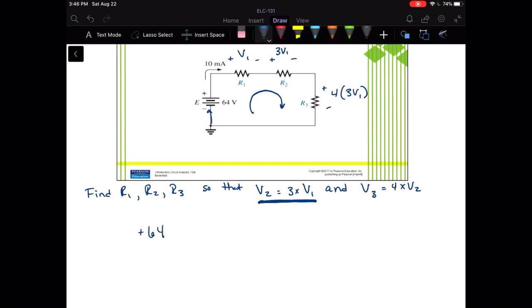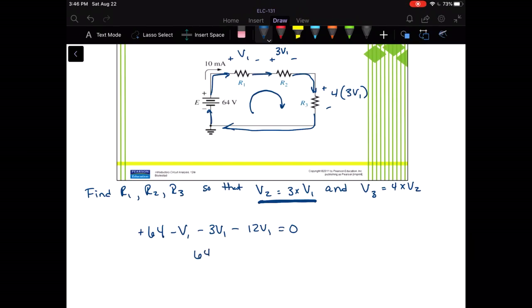Traveling around this way, minus V1, minus 3V1, minus 4 times 3V1, which is 12V1, and equals 0. So this is what has to happen in our circuit. So when I work on this a little bit, I'm going to combine my V1 terms.